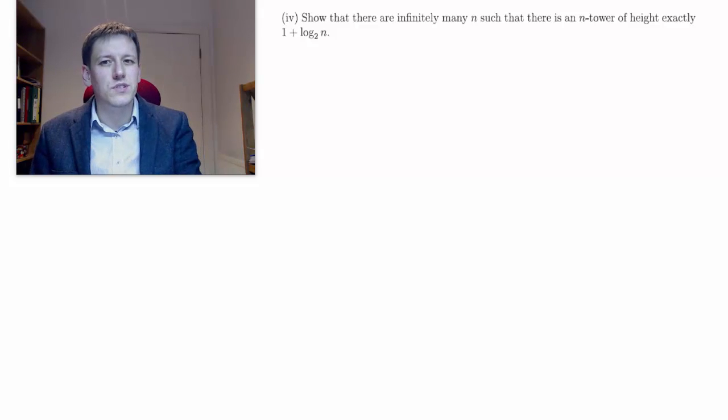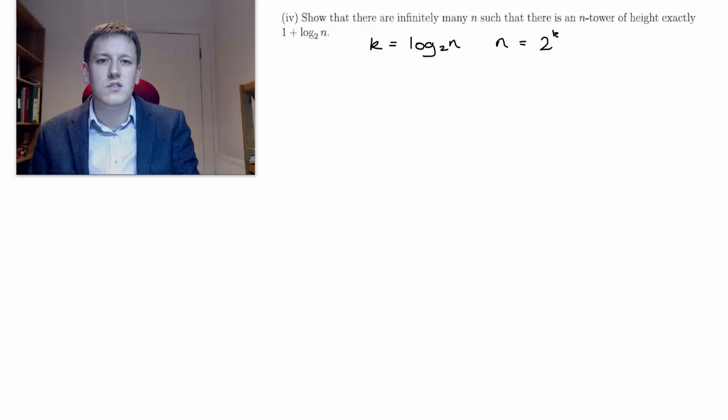You might even just want to remind yourself what this means to help you think about this clearly. If k is log to the base 2 of n, then that means that n is equal to 2 to the power of k. So in fact, that's a good place to start.